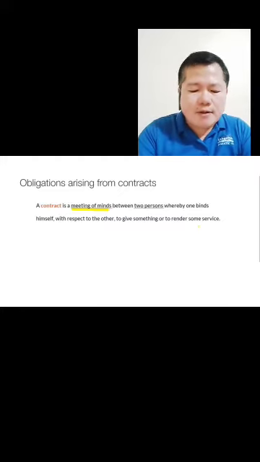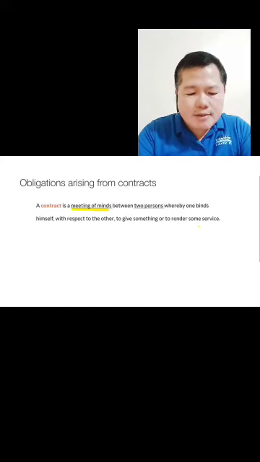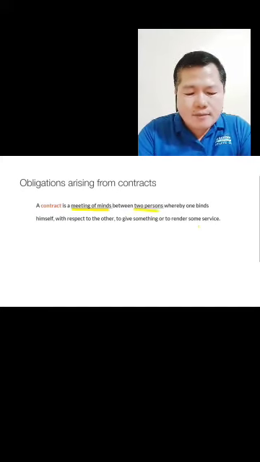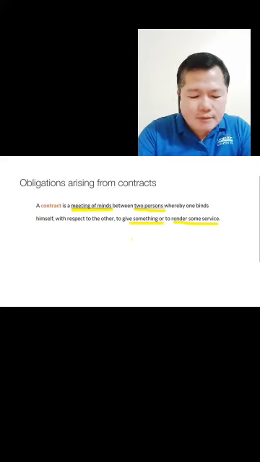We had an example earlier, a contract of sale, where the 2 parties have a meeting of minds on what they will sell and for how much.